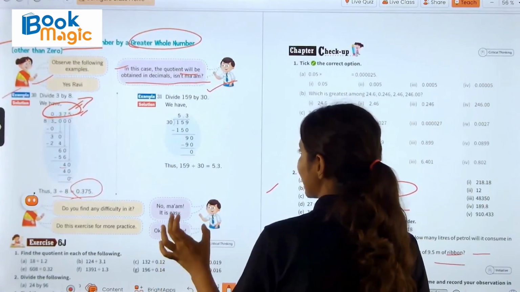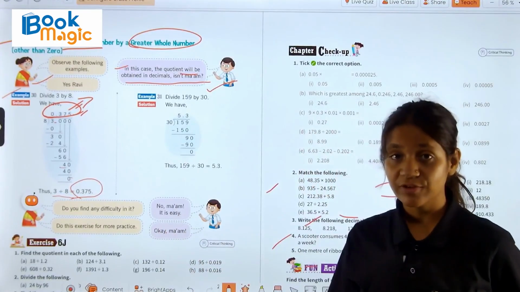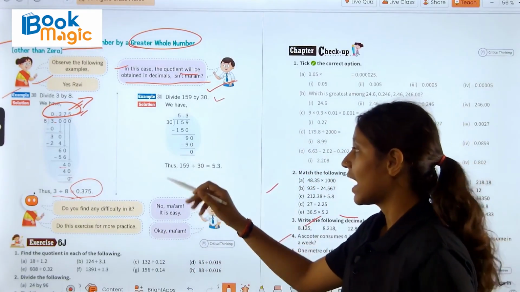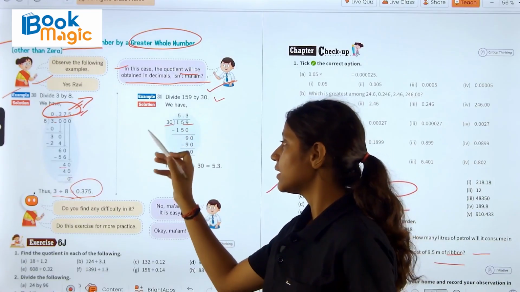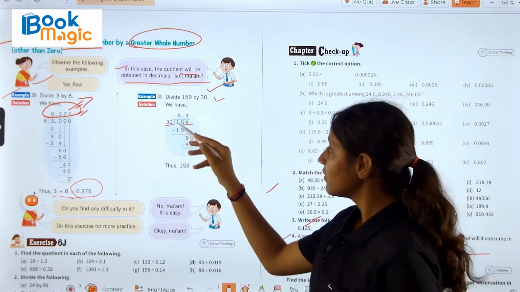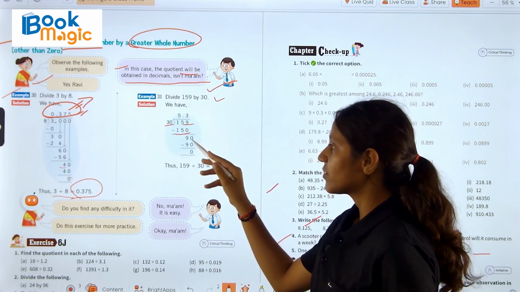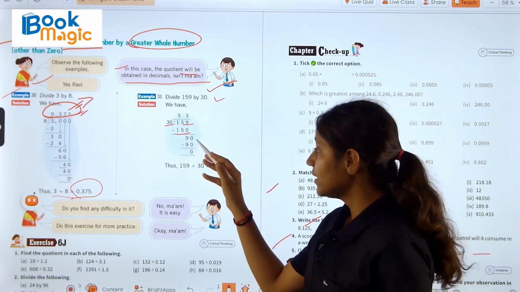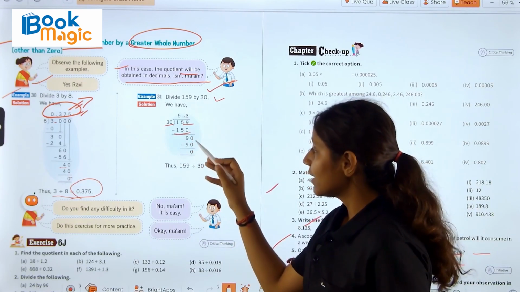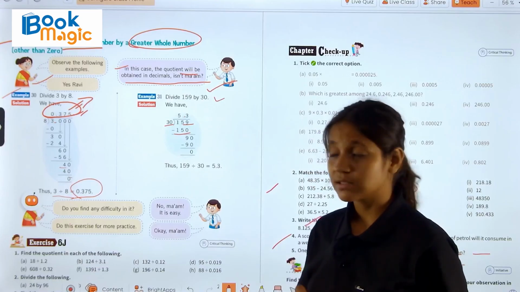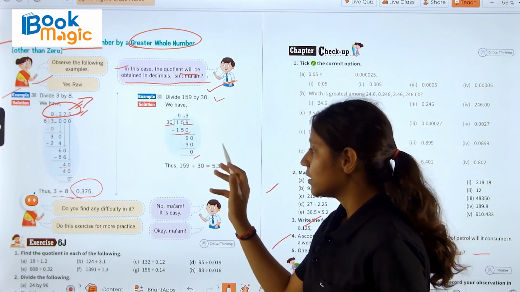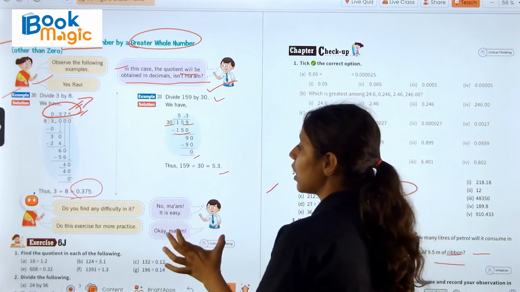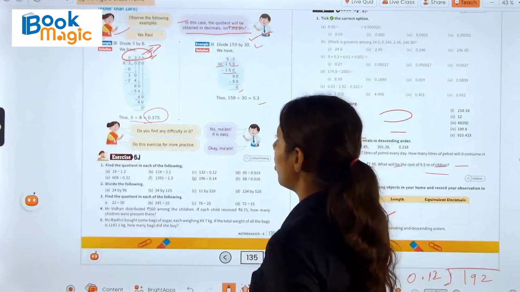Now we have example number 31. Divide 159 by 30. We have 159 here and 30 is here. Now 5 threes are 150. After subtracting we are getting 9. Now for 9, we are taking a point here and then writing a 0. 9 threes are 90. So the answer is 5.3. This is how we perform division sums.